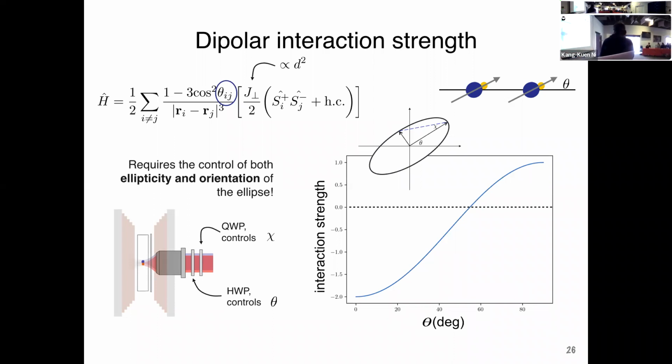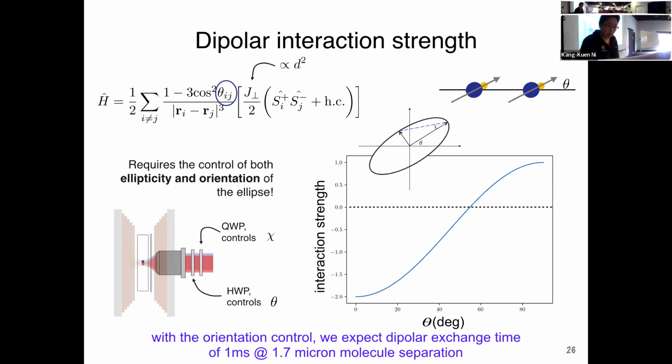So that means in order to actually have dipole interaction away from 0, we need to change these quantization axes in the laboratory frame, which means we will also need to put in a half wave plate, tune it to, basically, go from -2 units of dipole interaction to 1. So that's something that we're working on. We are expecting dipole exchange time scales on the order of milliseconds at about 1.7 micron separation.